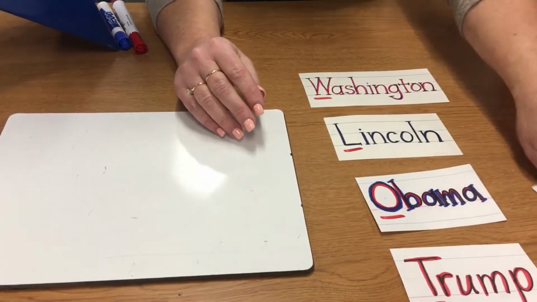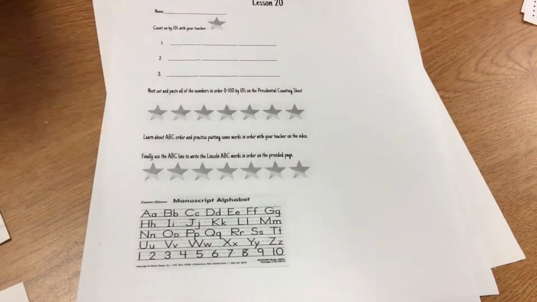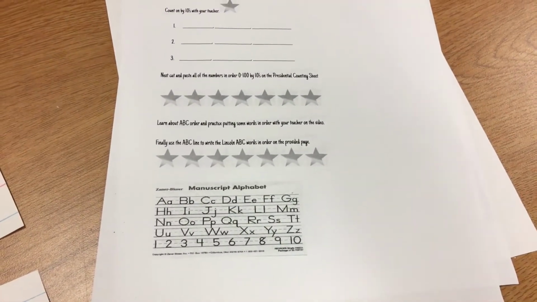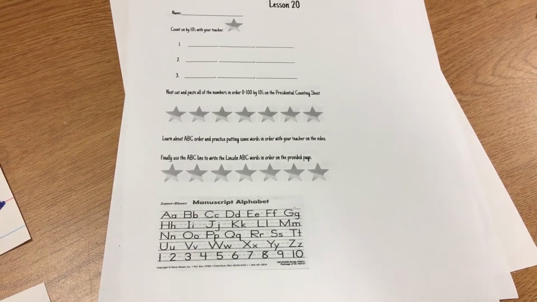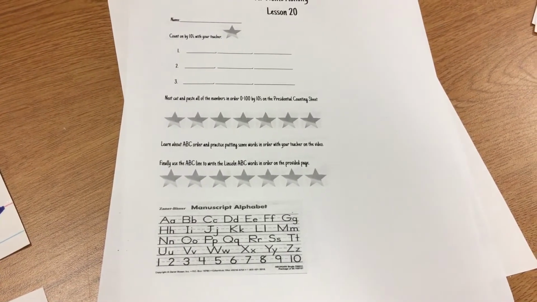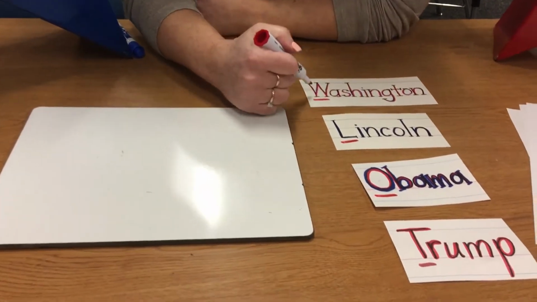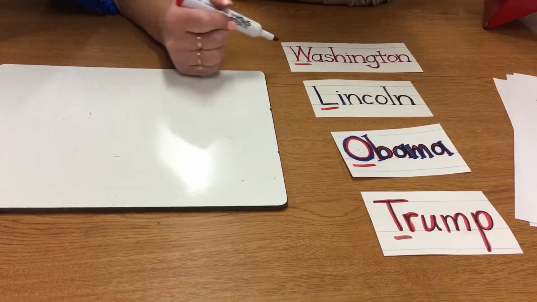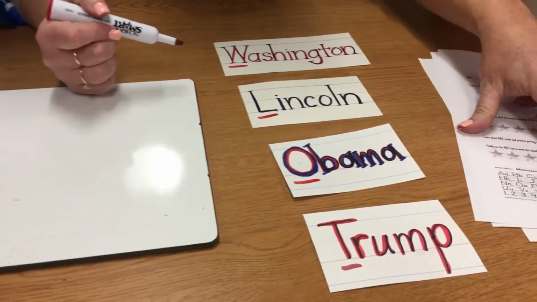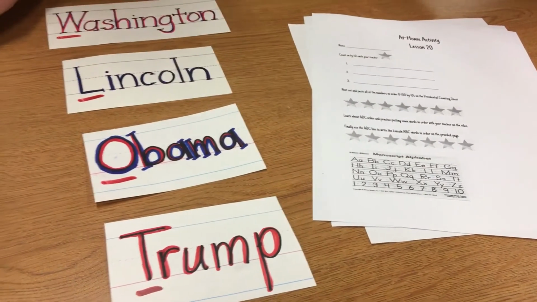On your homework sheet today, you're going to have the alphabet so that you can refer back to it, and it can help you with what would come first in ABC order so that you can do this independently after I go through this. For the first one, I'm going to look at these W, L, O, and T, and if I go through my alphabet, I would see that the first letter I'm going to come to is Lincoln.